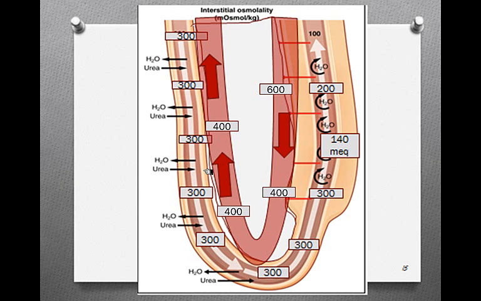Now, there is a natural tendency. We have water flowing out, and once we get up to here, here's our capillary bed. The flow is in the opposite direction. Once we get up to here, the osmolarity starts changing, okay?